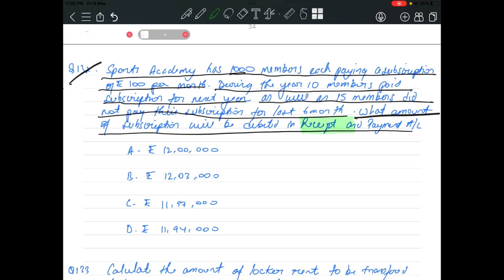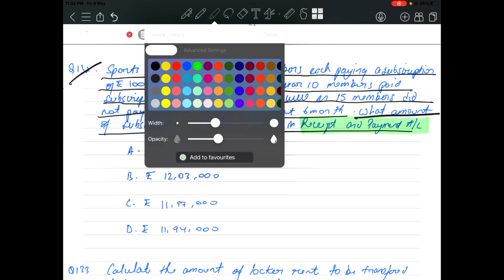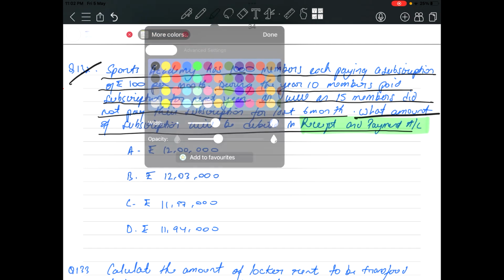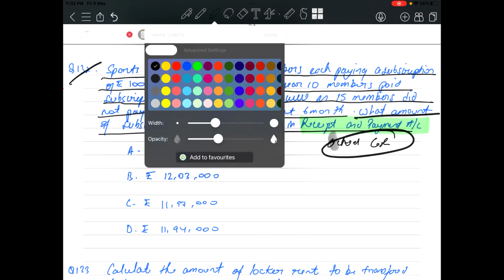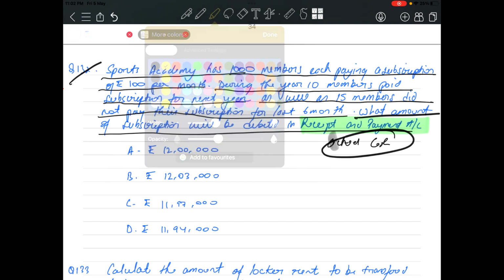So now when we see this receipt and payment, what comes to our mind? Actual cash. Now see what is the actual cash we have received. Out of 1000 members, they are paying 100 rupees per month.